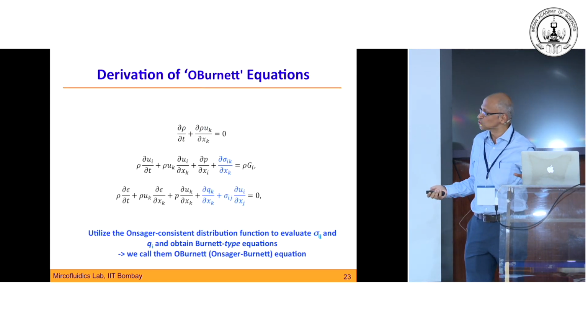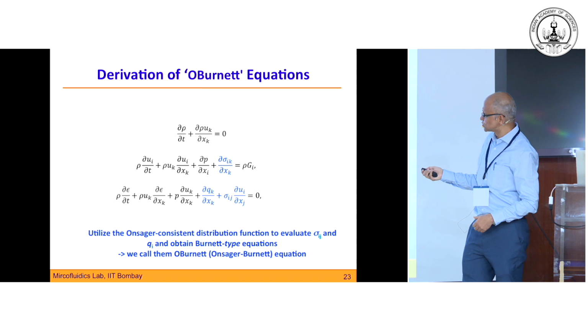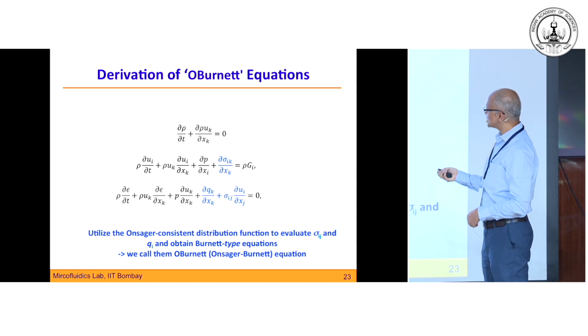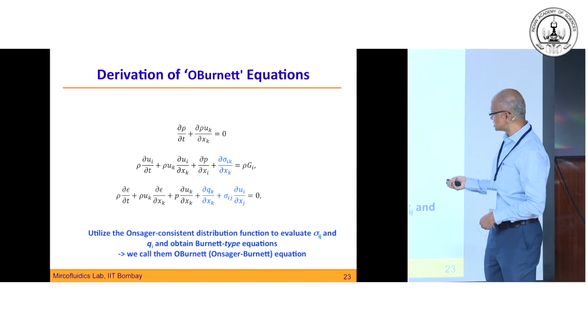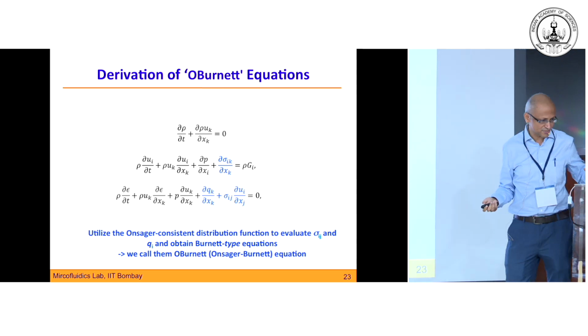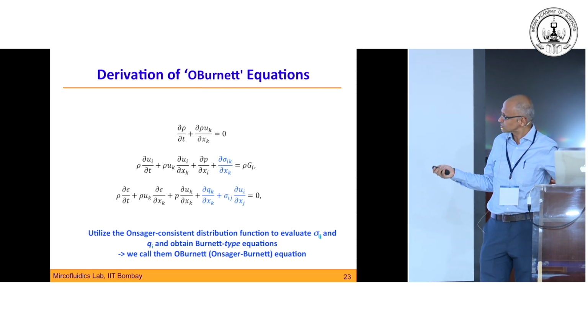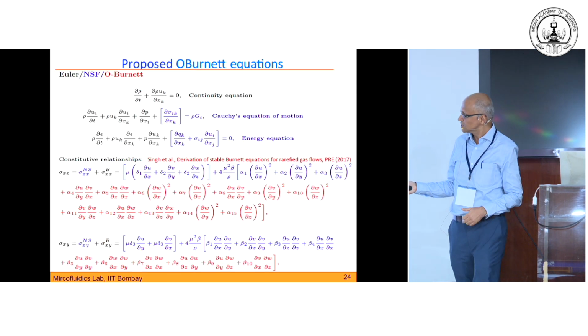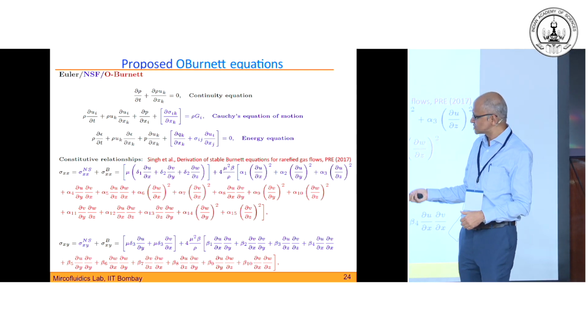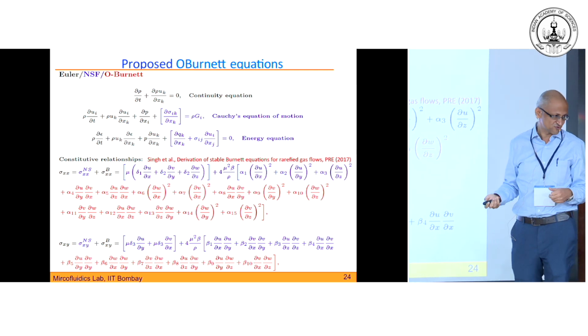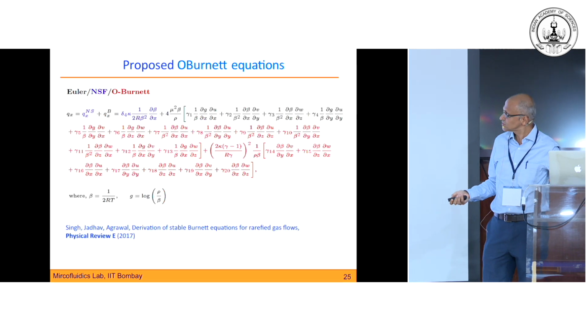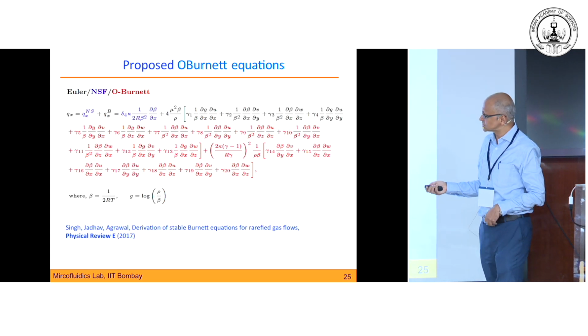With this approach, we are able to derive alternate forms of stresses and heat fluxes, which are required to close these mass, momentum, energy conservation equations. So these are the stress terms, the normal stresses and the shear stresses, that we have derived using our approach. Similarly, the heat flux is here.